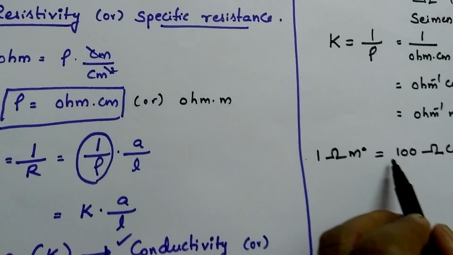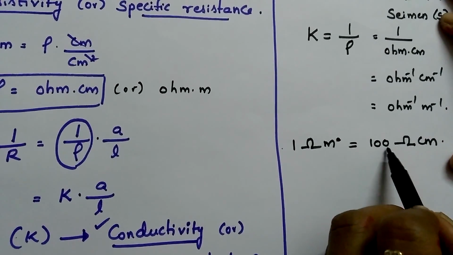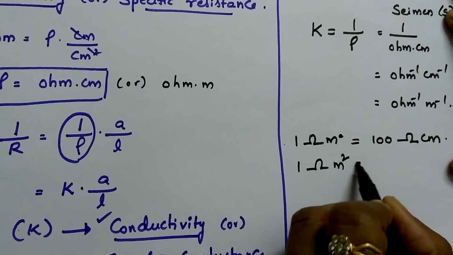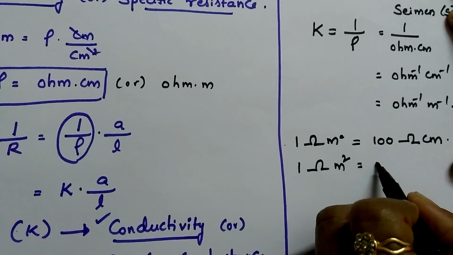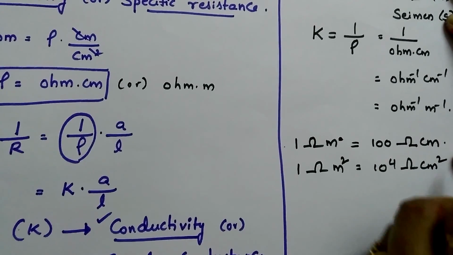1 meter is equal to 100 centimeter. So 1 ohm meter is 100 ohm centimeter. Put the square of this, and we get 1 ohm meter square is 10 power 4 ohm centimeter square.